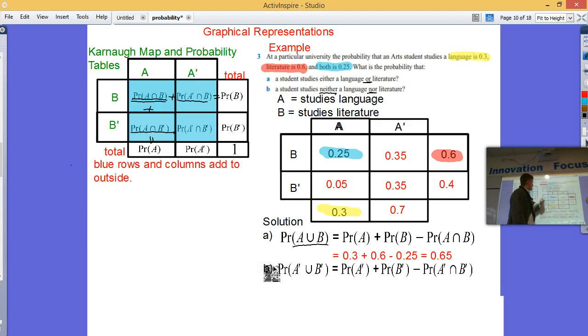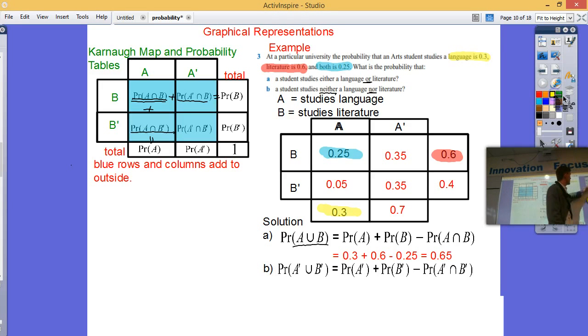Let's look at part B here. So it is about a student studies neither language nor literature. So what does that involve? Well, not language or not literature is another way of interpreting it.